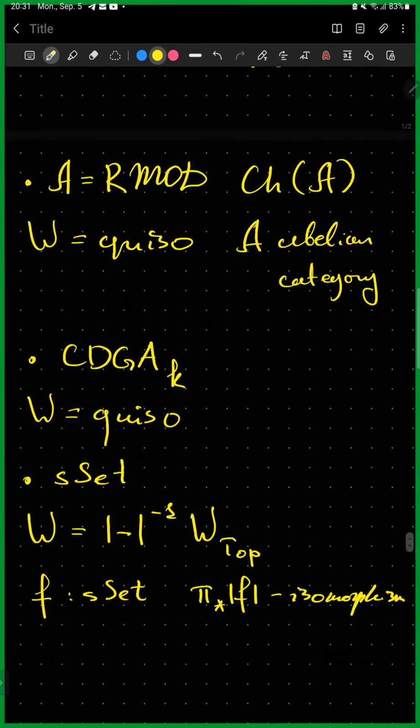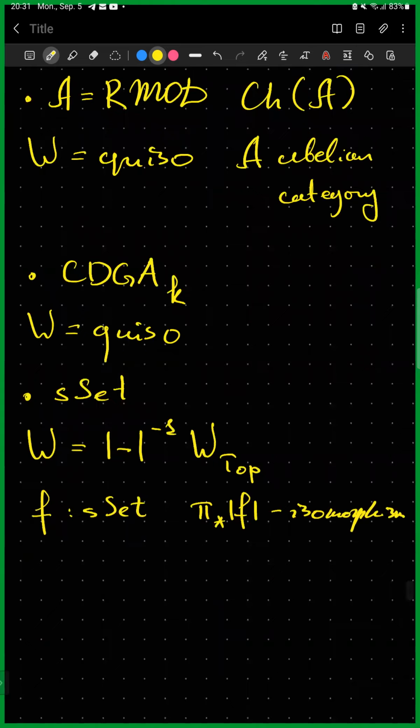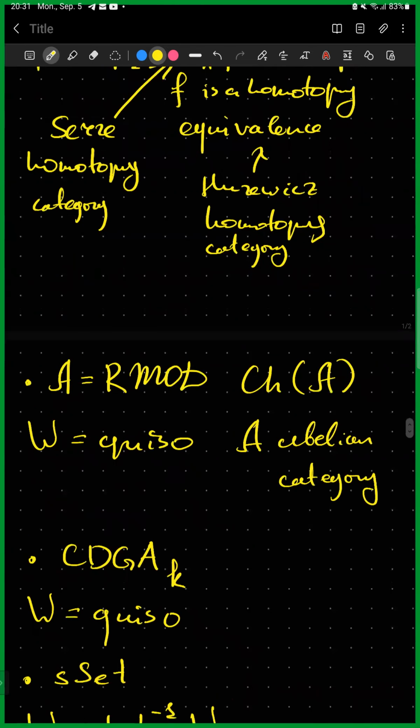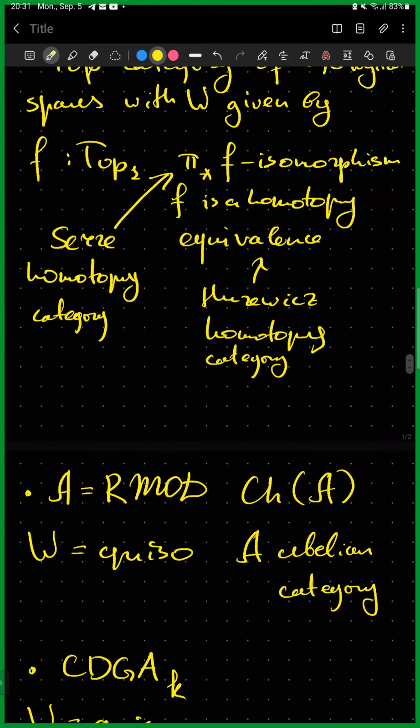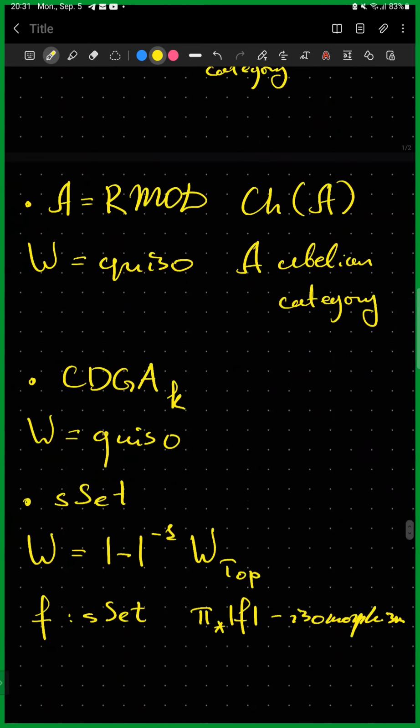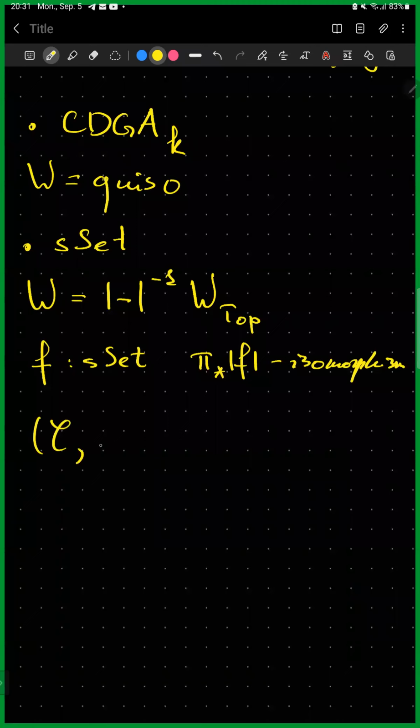Okay, so those are some examples where it is natural to consider these, so to speak, relative categories, where we have a category and a subcategory of weak equivalences. However, usually it is not sufficient to just have a subcategory to do some meaningful homotopy theory.